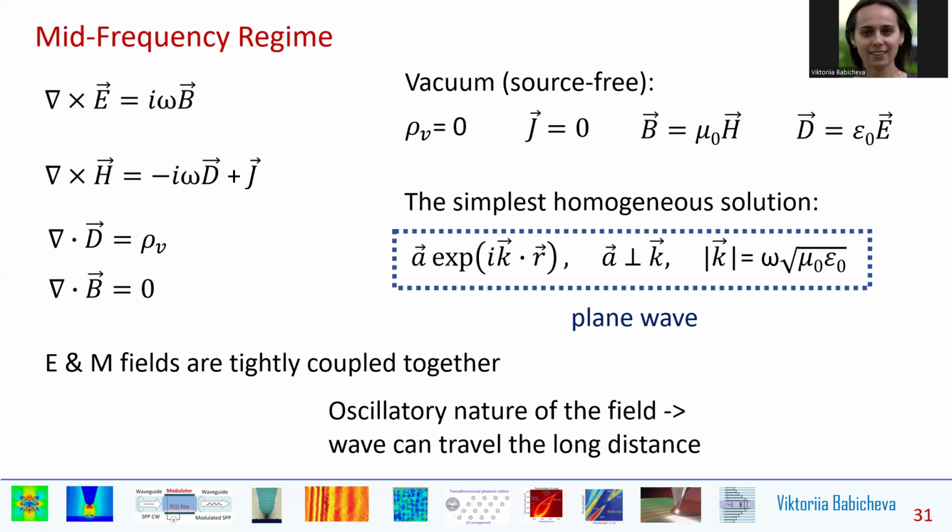The oscillatory nature of the field can be used to encode information, and this information can travel uncorrupted over long distances, such as across galaxies. Hence, electromagnetic waves are extremely important for long distance communication.